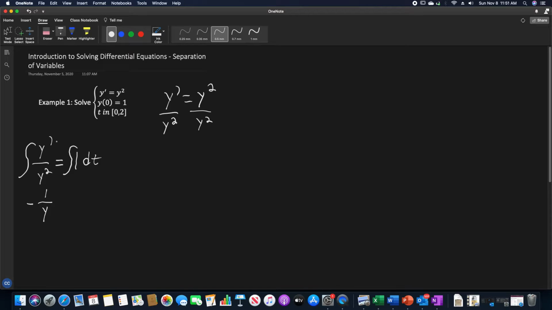The integral of y prime over y squared is negative 1 over y, and this is going to be equal to t, and then we have a plus c afterwards.